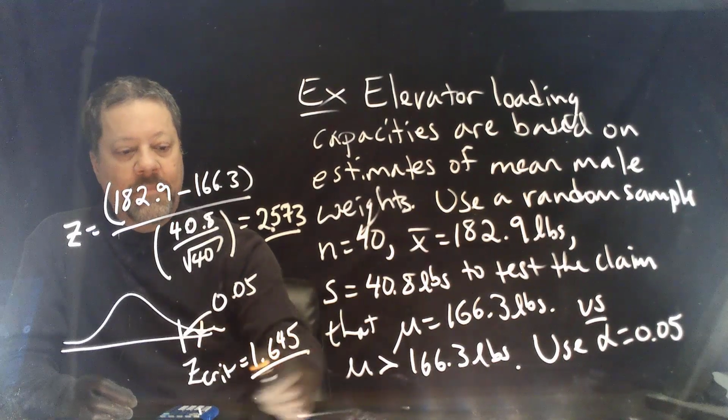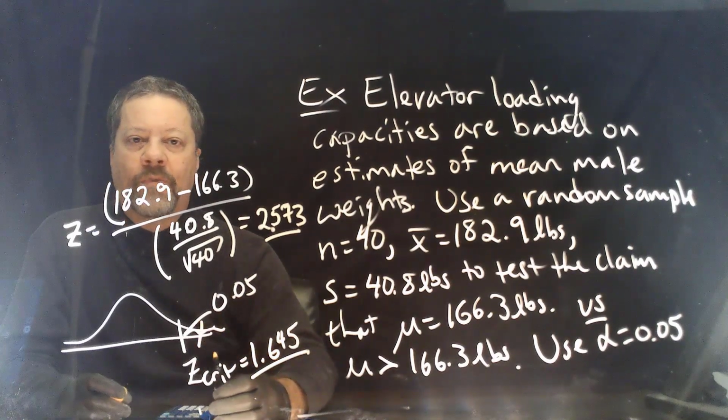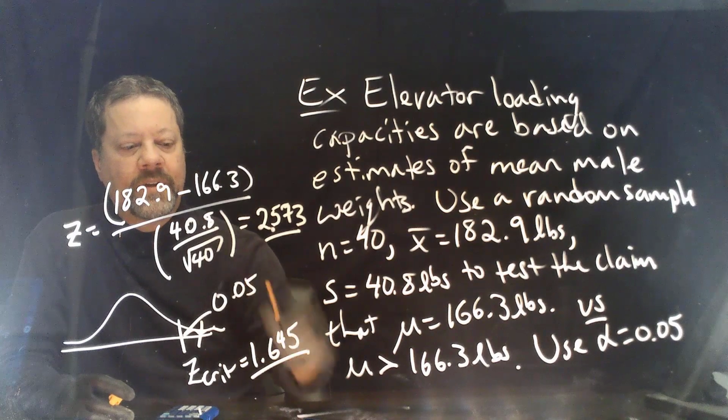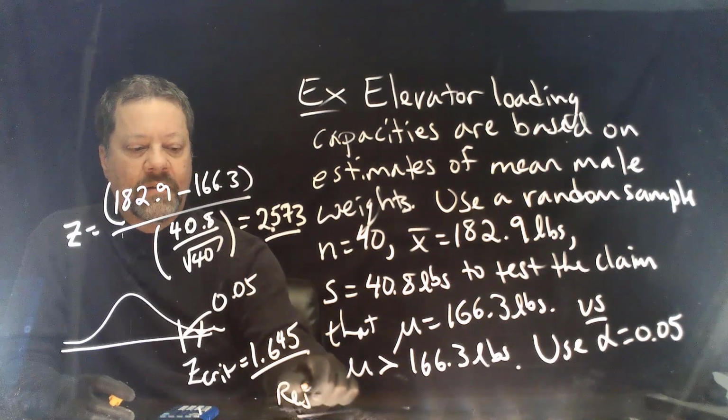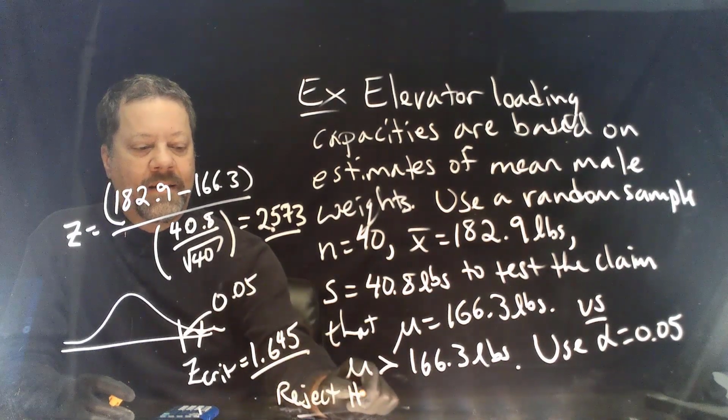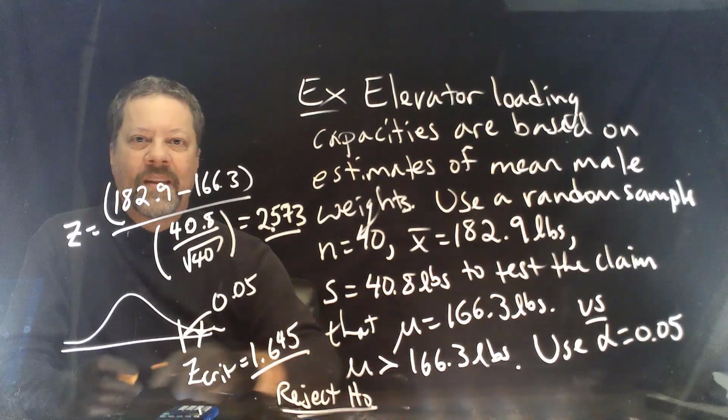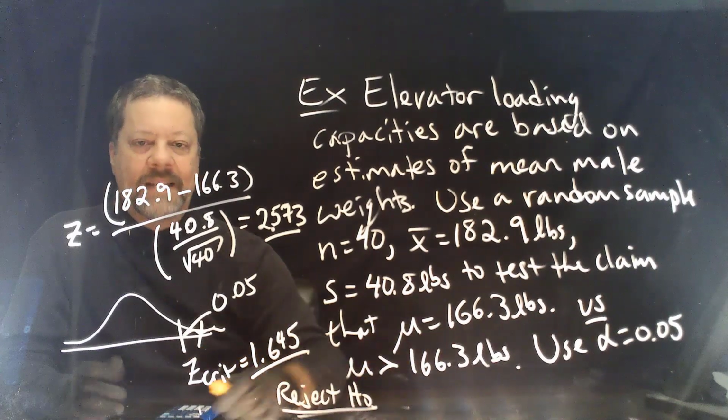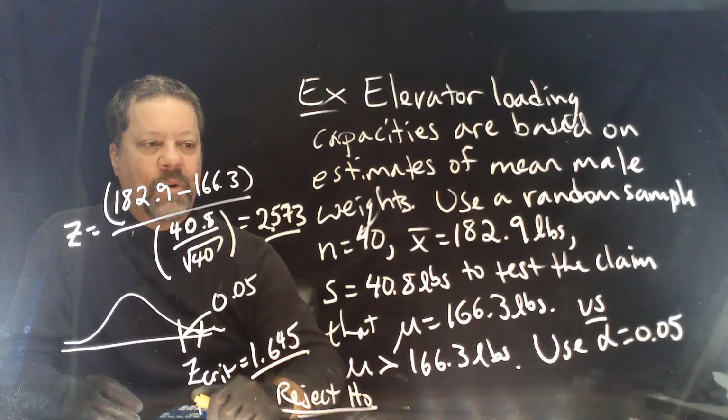Since this is beyond the critical z-score of 1.645, we reject the null hypothesis. The mean really isn't 166.3 anymore. It must be greater.